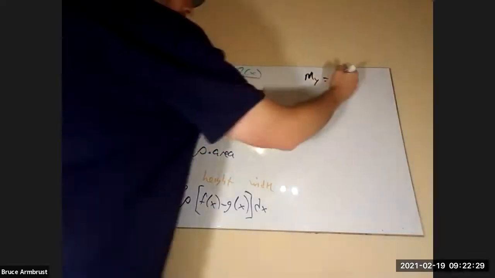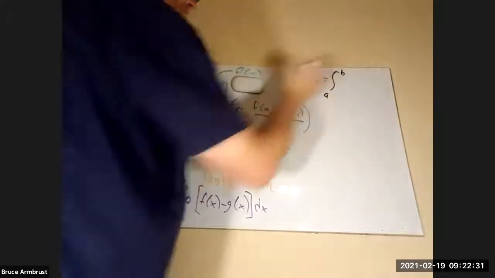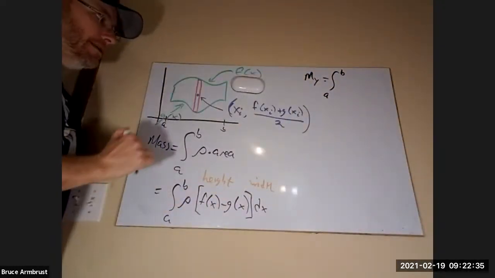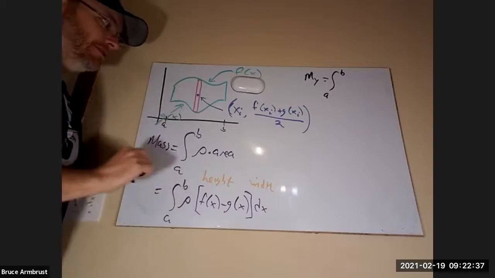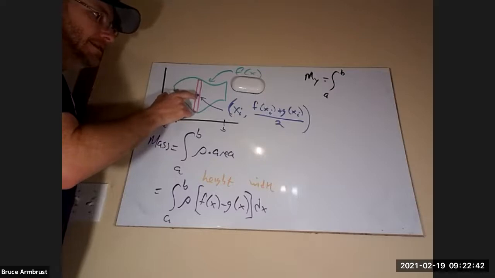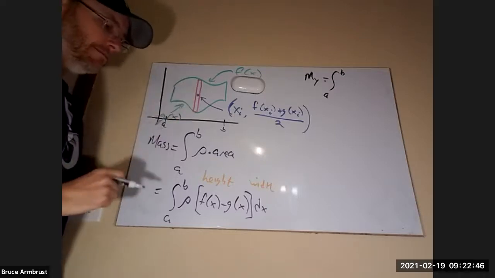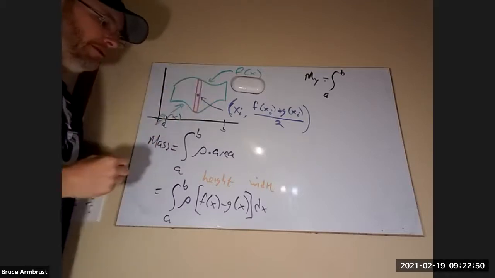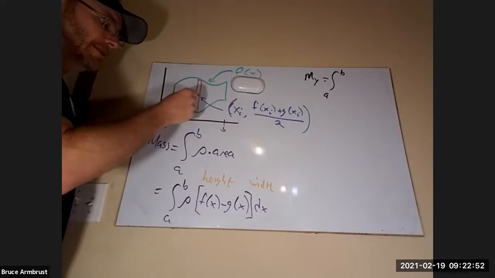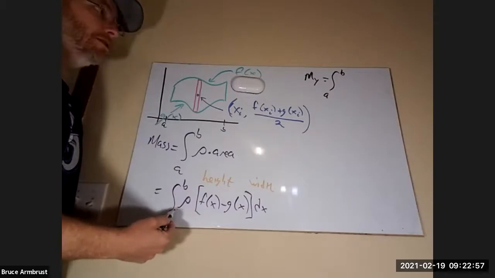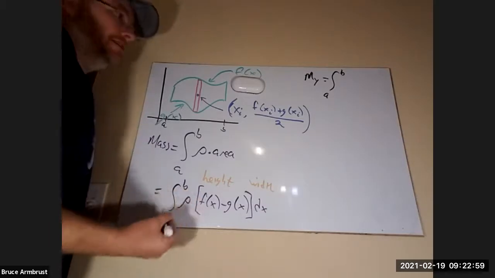So we're going to integrate again from a to b. Let's think about what's going to go in here. I need to multiply the distance the strip is away from the y-axis. Well, that's going to be my x-coordinate. And then I need to multiply that by the weight of this strip. The mass of this strip was actually this guy, so all we're going to do is take the same thing, but put an x in here.